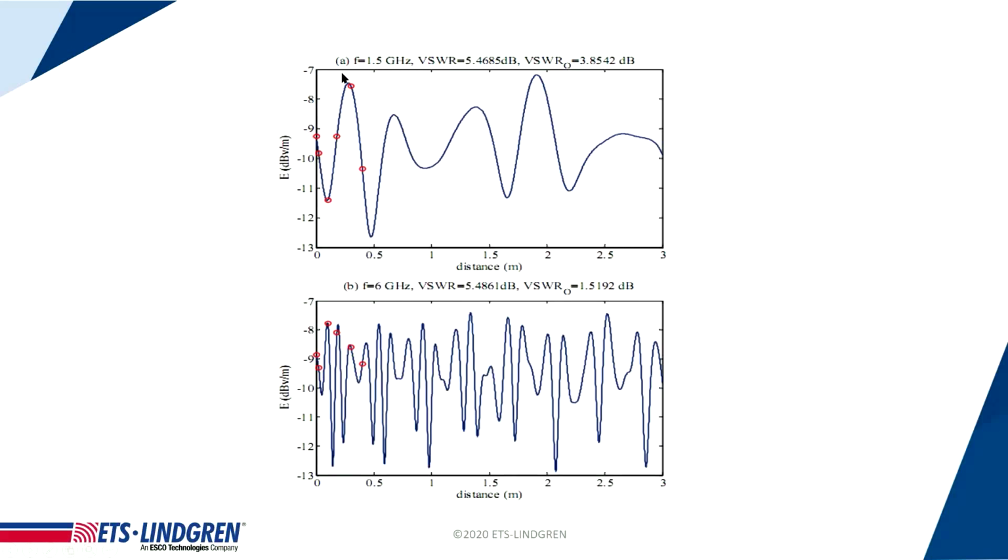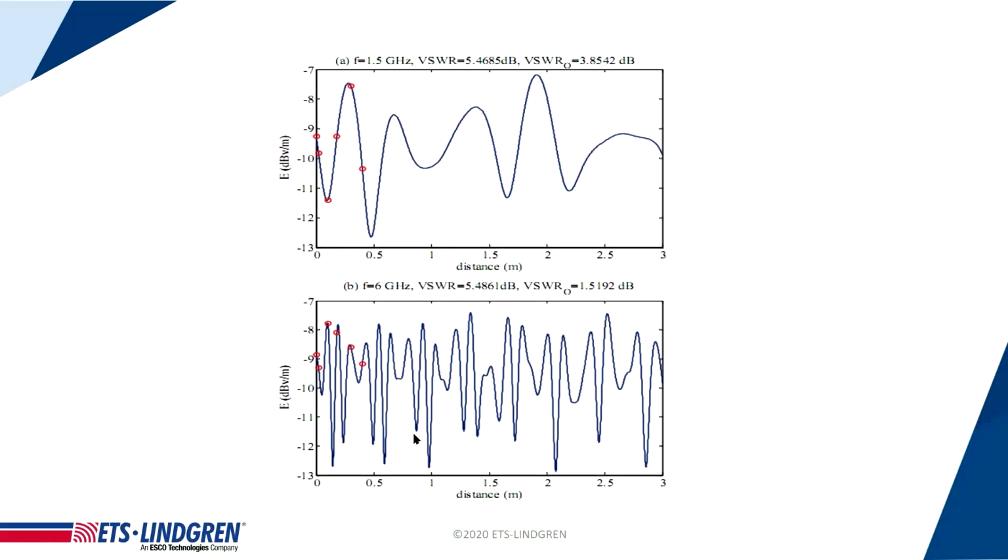Those 6 dots represent the 6 positions where you would measure the site VSWR, and those are the 6 red circles you see. For a chamber situation, the standing wave is really complicated. Even at 1.5 gigahertz, you don't really have a nice up and down standing wave pattern. And as you go to higher frequency, even at 6 gigahertz, you can see how complicated that standing wave becomes along a linear line.